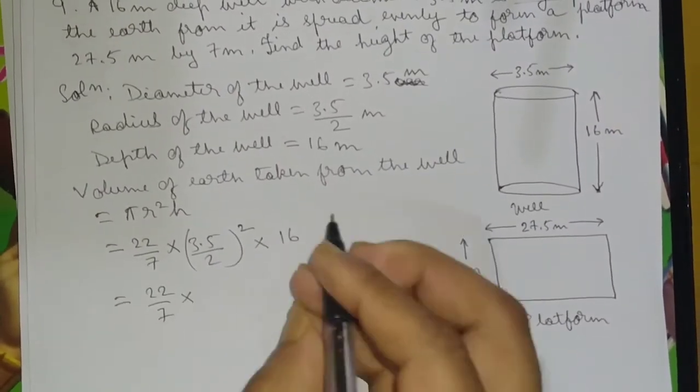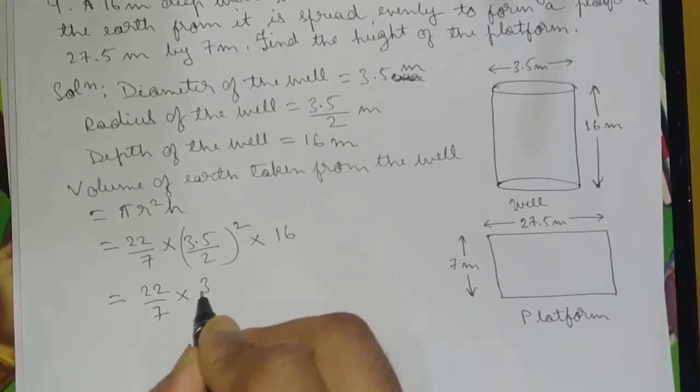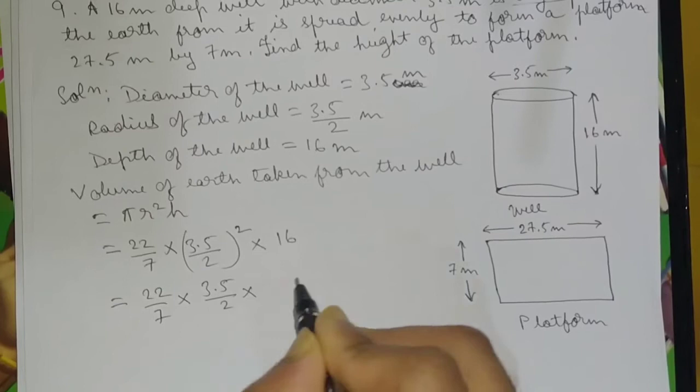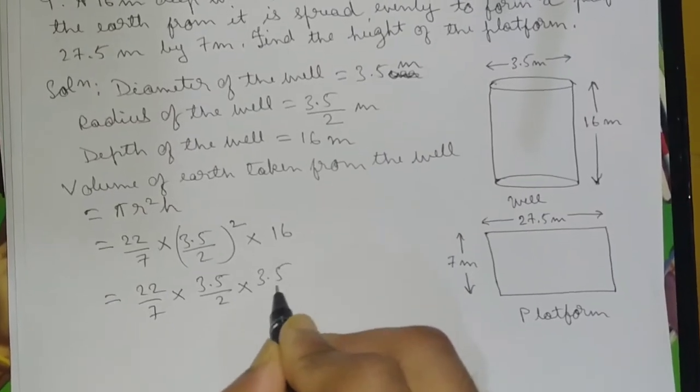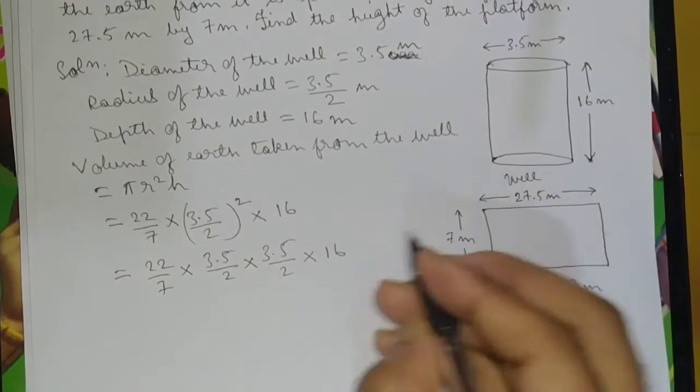So this is equal to 22 by 7 into 3.5 by 2 into 3.5 by 2 into 16.